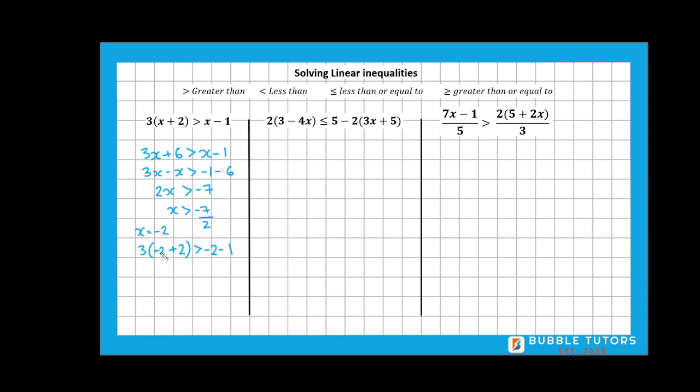Because minus 2 plus 2 is 0, 0 times 3 will be 0. So that's 0 here, and that's more than minus 2 minus 1, which is minus 3. So therefore, this solution satisfies x equal to minus 2. So our solution here, which is x is more than minus 7 over 2, is correct.